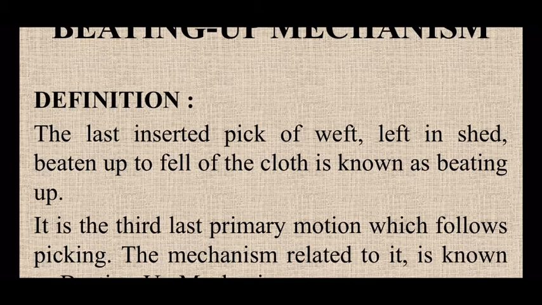So after shedding, when the shed is open, we insert a pick from one side of the loom to the other side, and that is left in the shed. That left part of the weft is beaten up to a point which is known as the fall of the cloth.